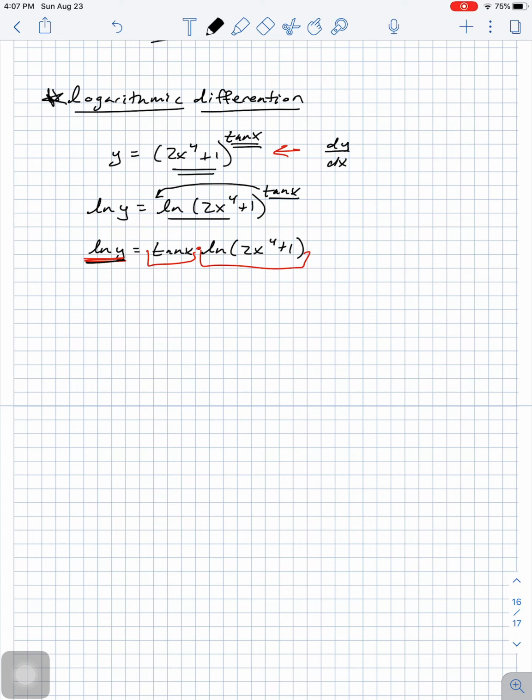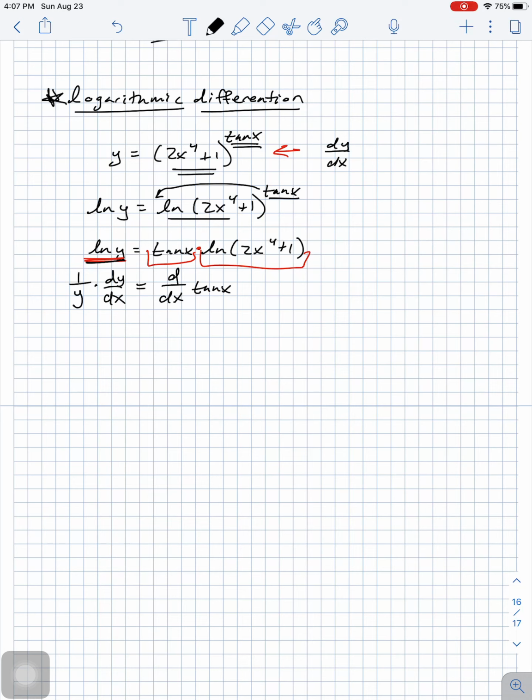So the natural log of y, the formula for the natural log is 1 over the stuff, right, times the derivative of the stuff. Okay, so that's the derivative of the left side. Now we're going to do the product rule.